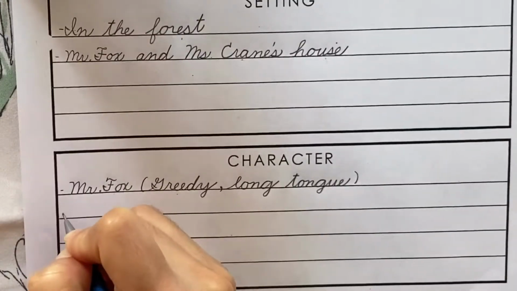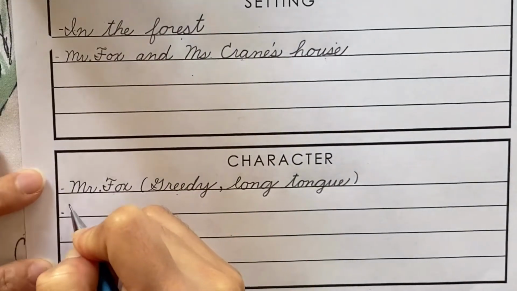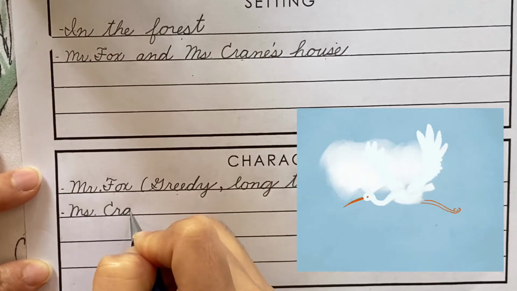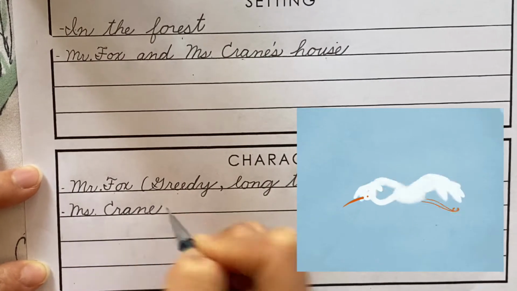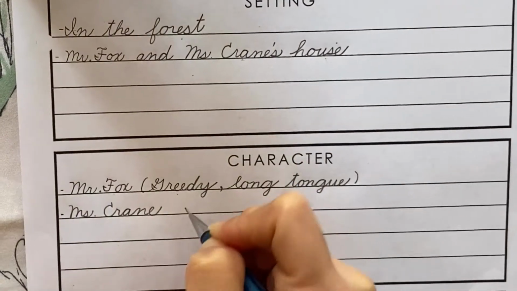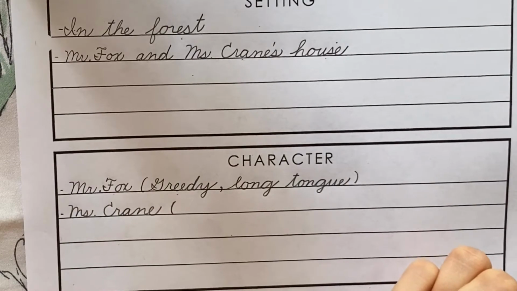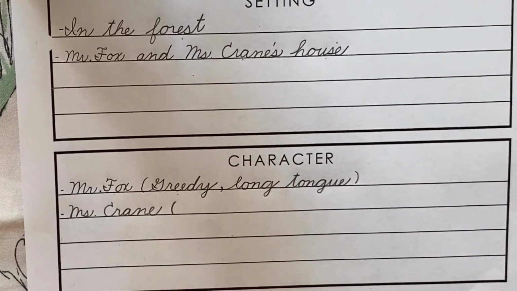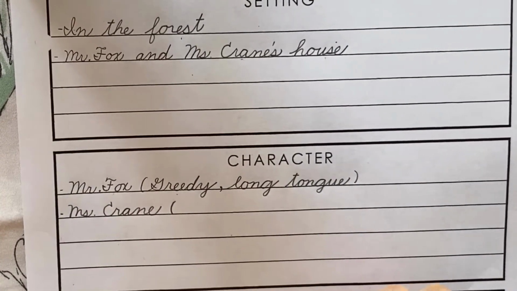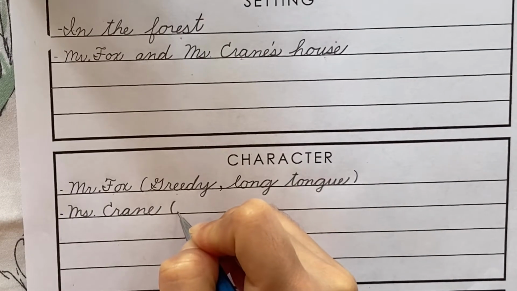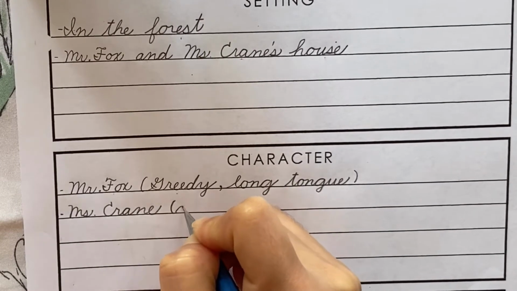And now my second character is Miss Crane. Now Miss Crane is not as greedy as Mr. Fox, I would say. But Miss Crane is, I wouldn't say she's nice either. She is a little mean too.